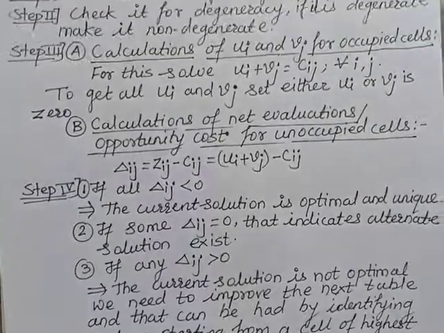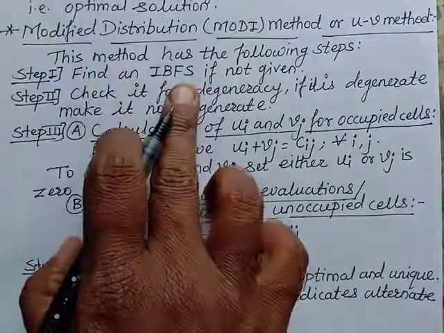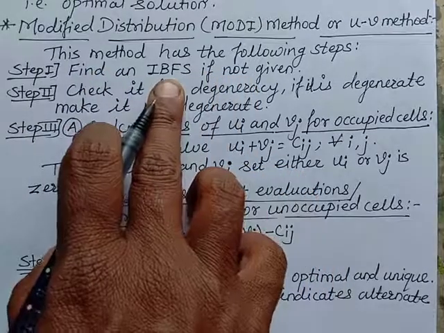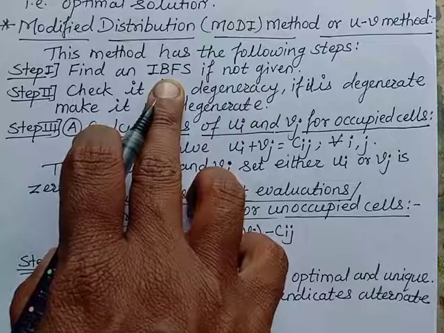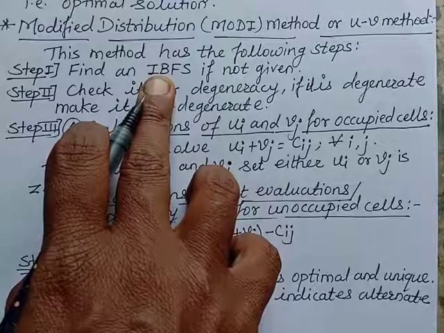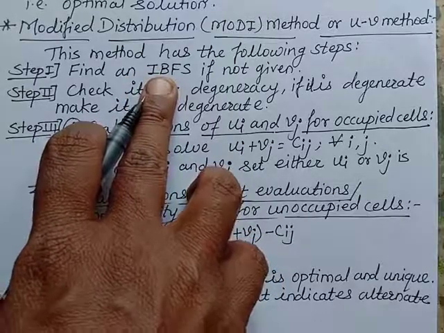So remember, the steps are important here. First of all, we have to find initial basic feasible solution if it is not given. You know, we can find initial basic feasible solution using 3 different methods. That is northwest corner method, least cost method, or the Vogel's approximation method.